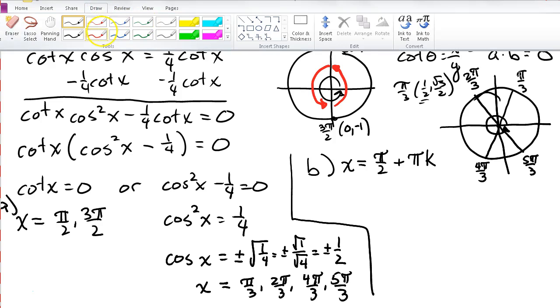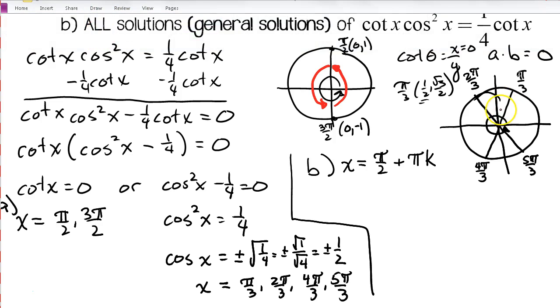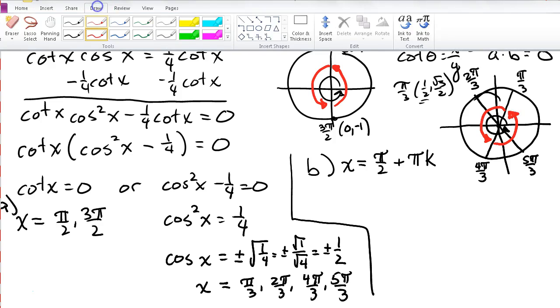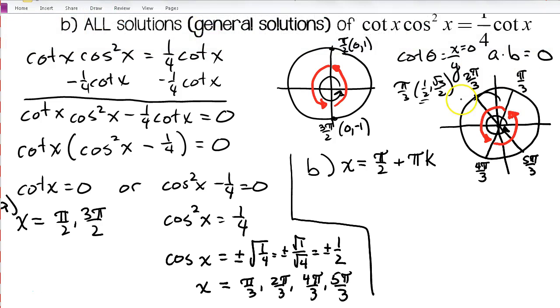And if we carry over that same idea here, it's 180 degrees or pi radians again between pi over 3 and 4 pi over 3, and then 180 degrees back there. So even though I have 4 separate solutions here, I don't want 4 separate equations for those solutions, because the idea is to write the least number of solutions as you can.